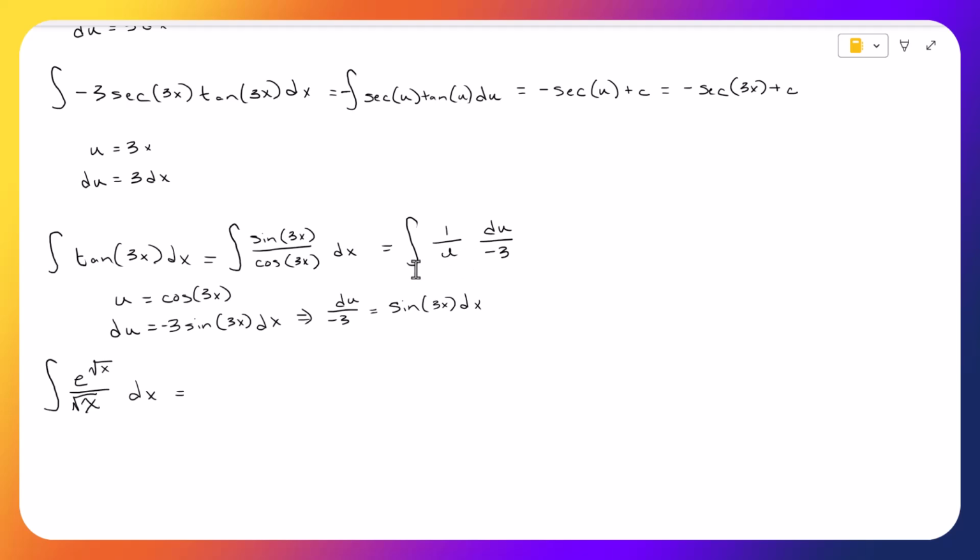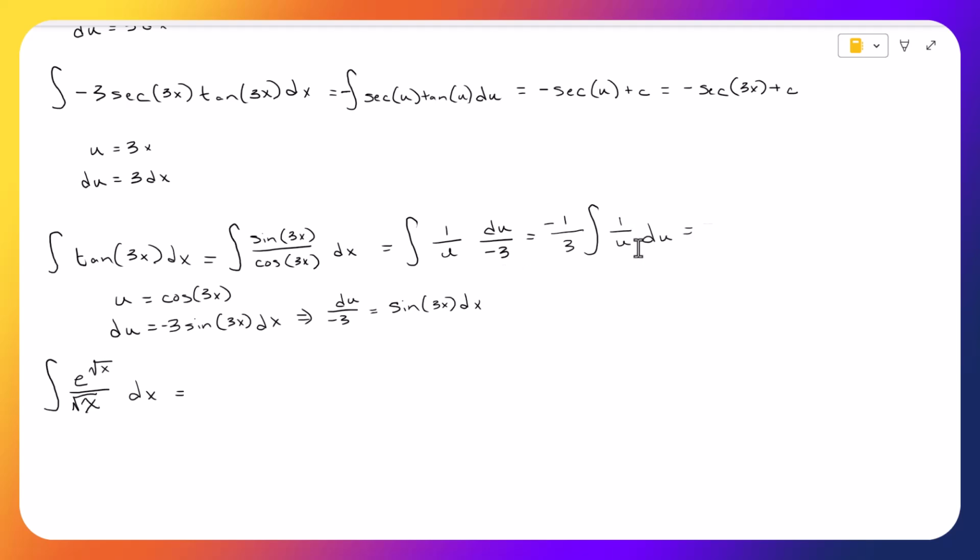This negative 3 is just a constant. I'm going to pull it to the front. Something to be careful of, this negative 3 is being divided. So if you pull it to the front, make sure that when you pull it out, it's negative 1 over 3. This is not just a negative 3, it's a negative 1 over 3. And then we get 1 over u du.